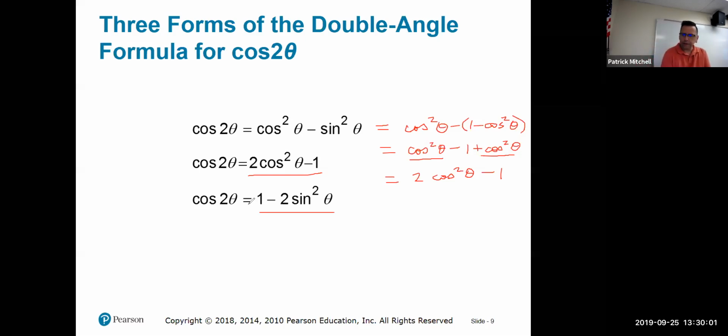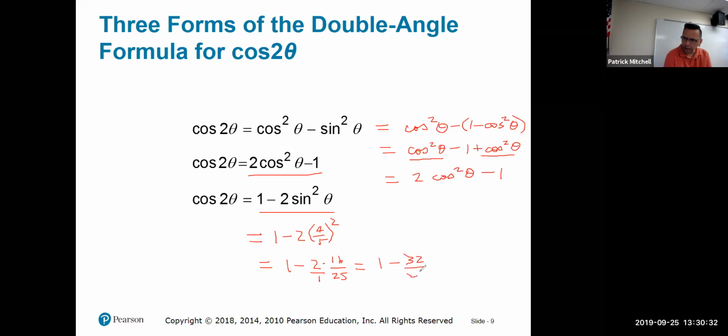So taking form number 3 here, remember the sine of theta was 4/5. So this would turn into 1 minus 2 times 4/5 squared. The square of 4/5 is 16/25. 2 times 16/25 is 32/25.